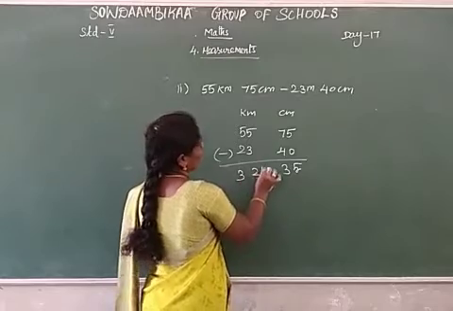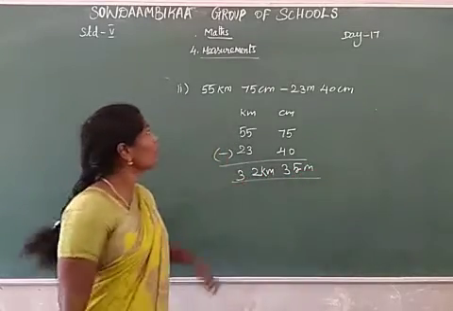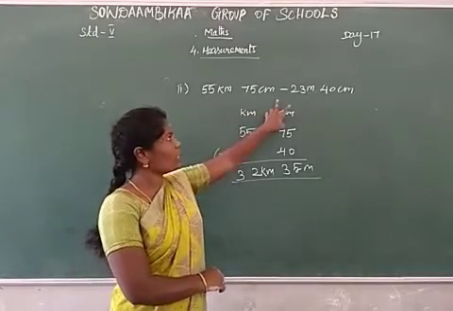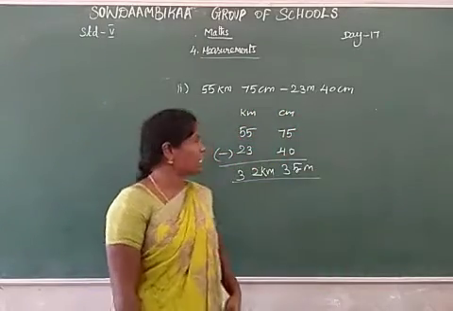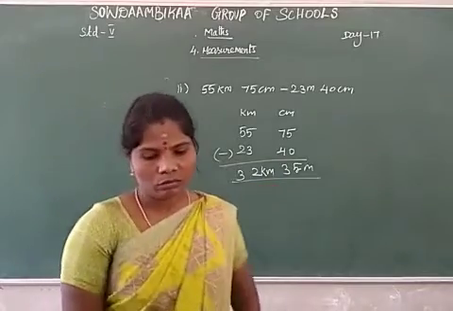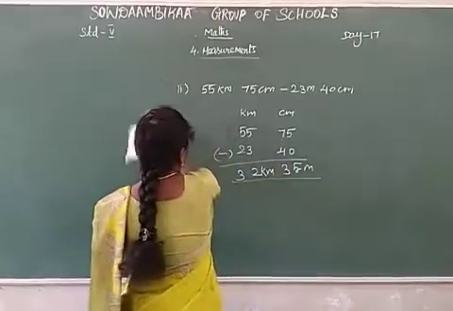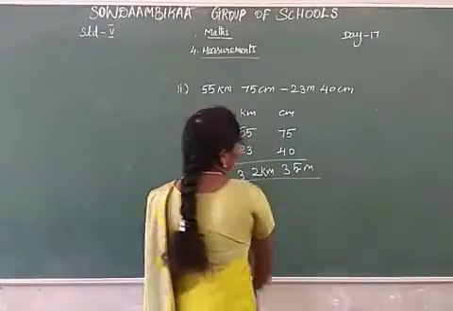Okay, 32 kilometer, 35 meter. The answer is 32 kilometer, 35 meter. The next subtraction is over. The next, multiplication.